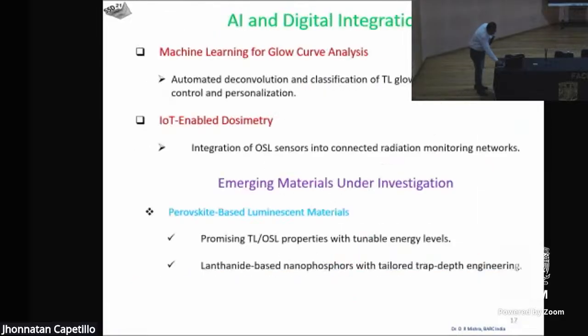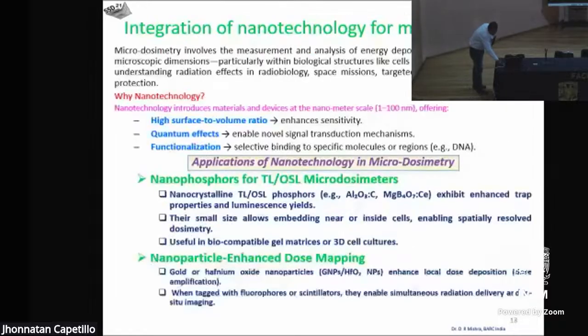These are certain values. Apart from that, now AI tools are coming up with machine learning for deconvolution of glow curves. We'll see that in the last section of these presentations. Then microdosimetry, of course; some of the people will be covering this. I'm just taking some part of that. The important thing about microdosimetry is that it is miniaturized, cell-level information is available, and dose deposition information is available.